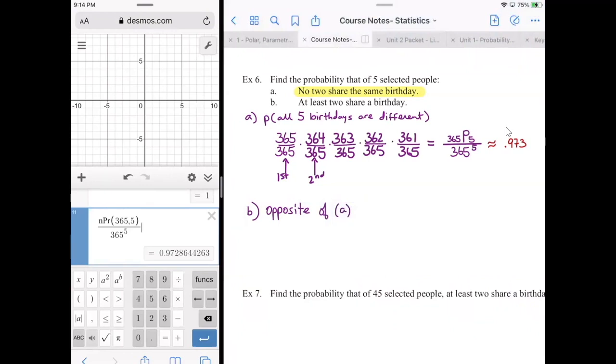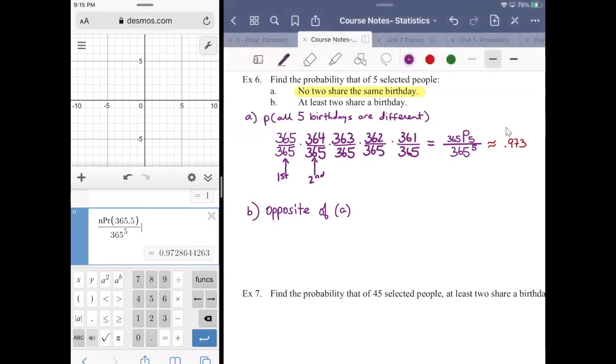Because if we're looking at in A, all the birthdays are different, then in B, when it says at least 2 share a birthday, that means that maybe exactly 2 people have the same birthday. Maybe 3 out of the 5 have the same birthday. Maybe 4 out of the 5. Maybe all 5 of them have the same birthday. That would be shocking, but you think something was up if that happened. But bottom line is, it would have to be the opposite of all the birthdays being different.